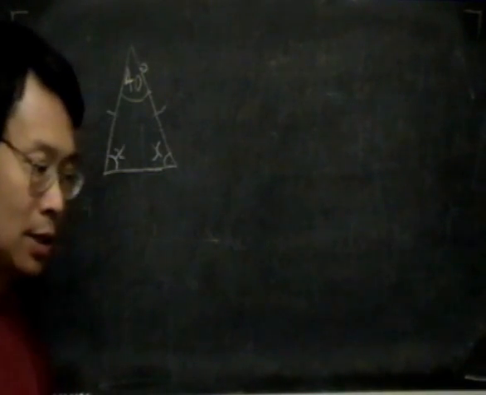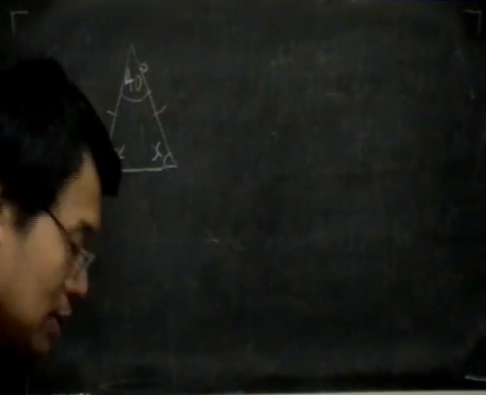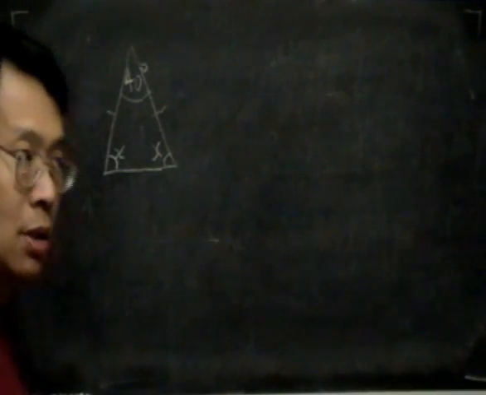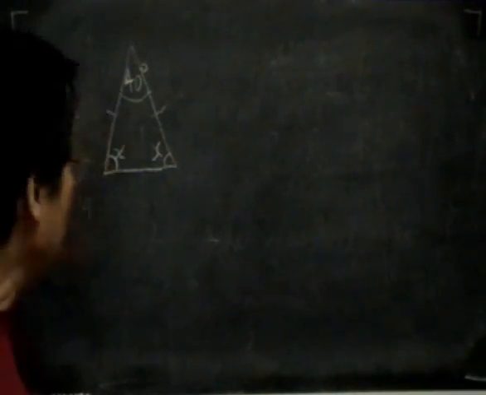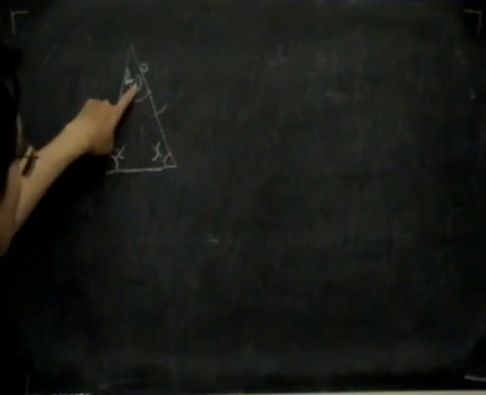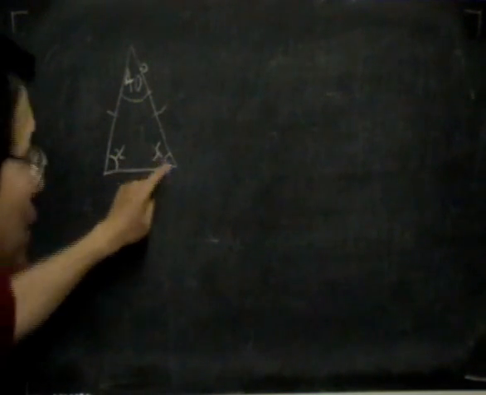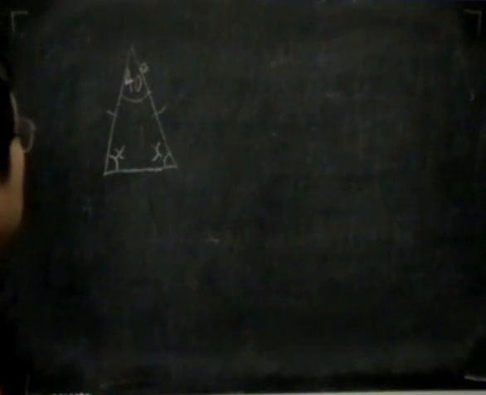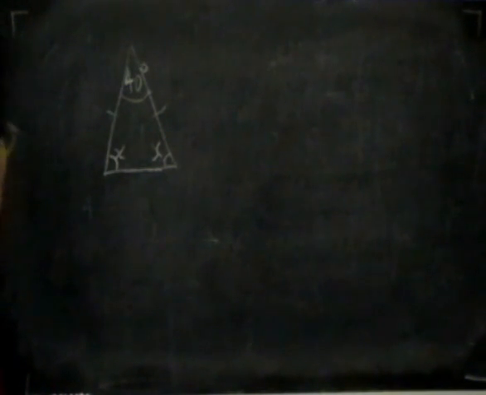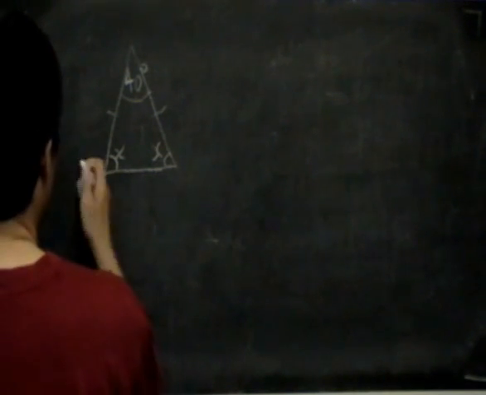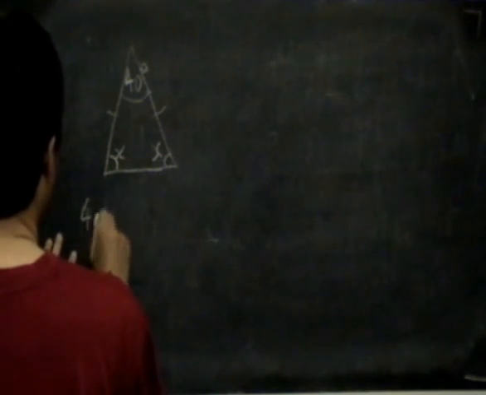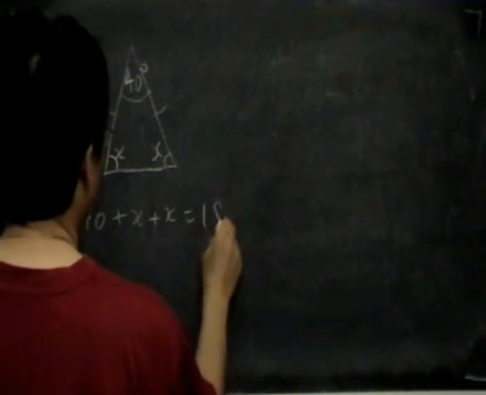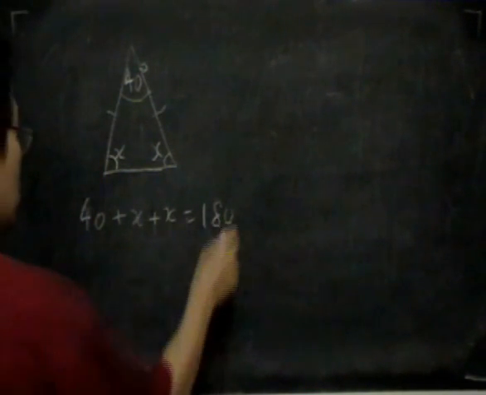So the next thing is to remember that the sum of the angles in a triangle is 180 degrees. That means that if I add 40 to x, I must get 180 degrees. So what I can do is I can write this down. 40 plus x must be 180.